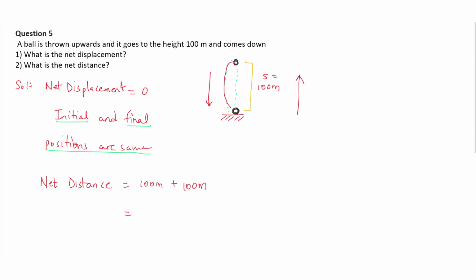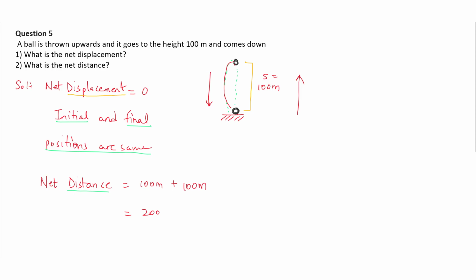So 100 meter again. So the total answer will be 200 meter. Now you understand that the displacement is completely based on its position, whereas distance is how much it traveled. I hope you understood this question.